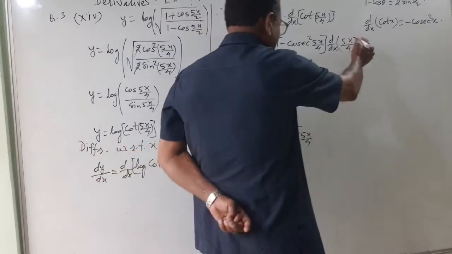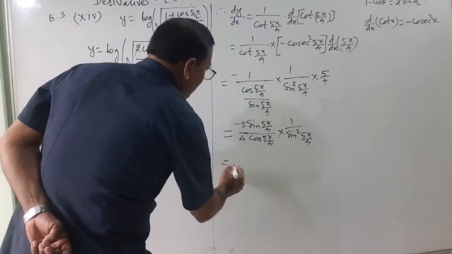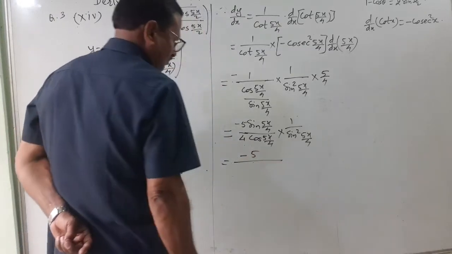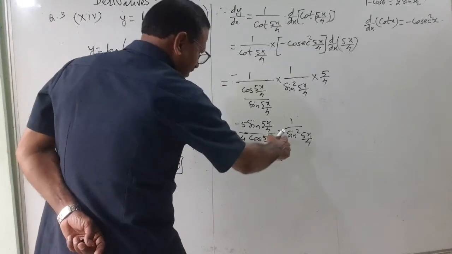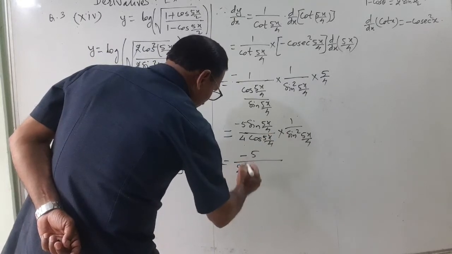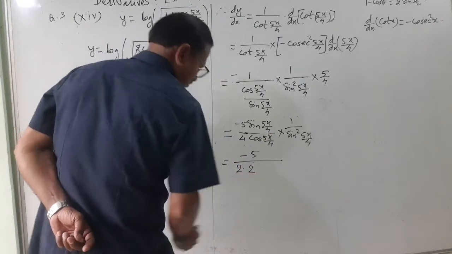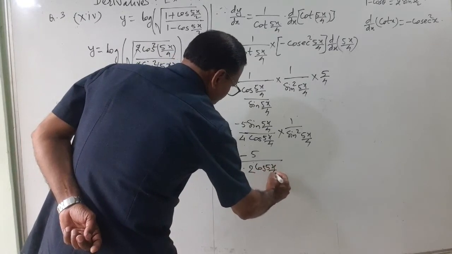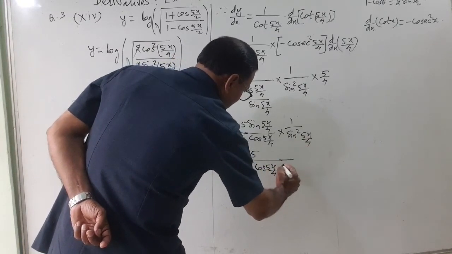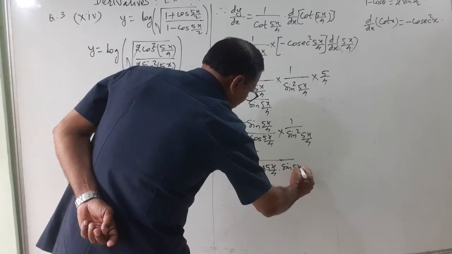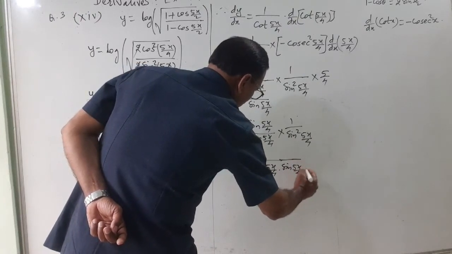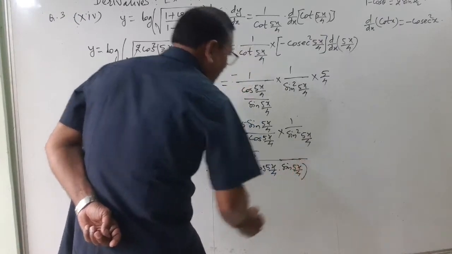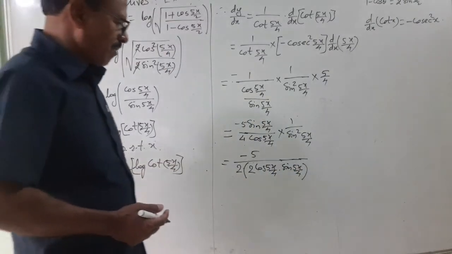One sine will get cancelled. That is equal to minus 5 upon, one sine will remain. Out of that, this 4 I will write like this: 4 cos of 5x by 4 into, one sine will get cancelled, and sine of 5x by 4. This way. Now why I have done this, in the earlier examples I have explained it very properly.